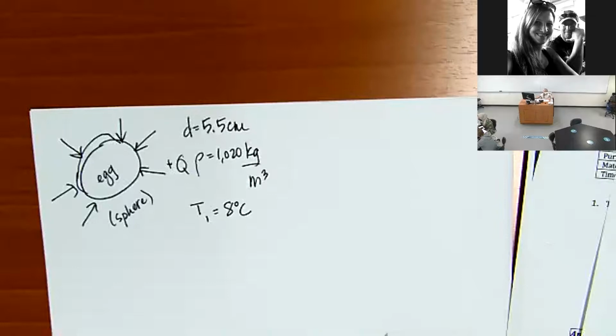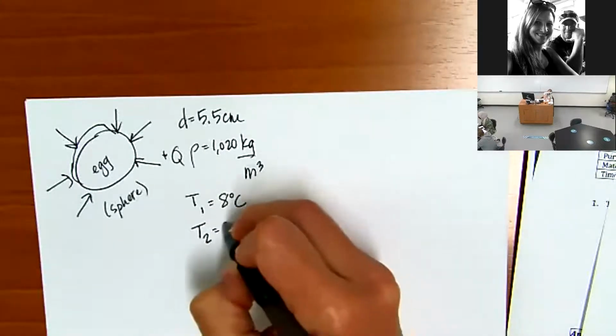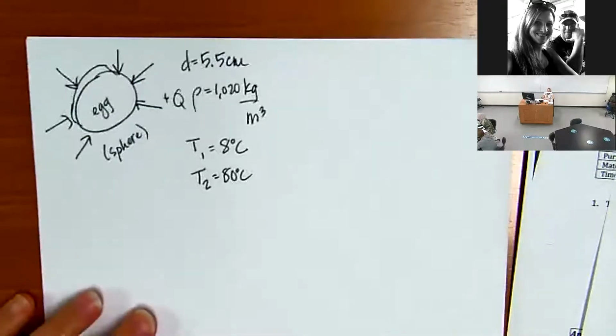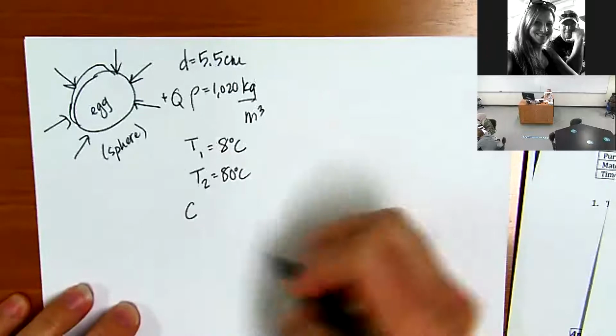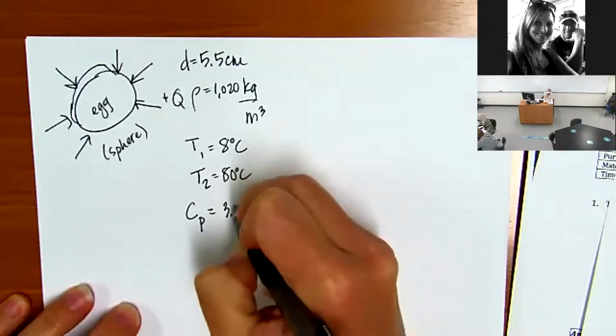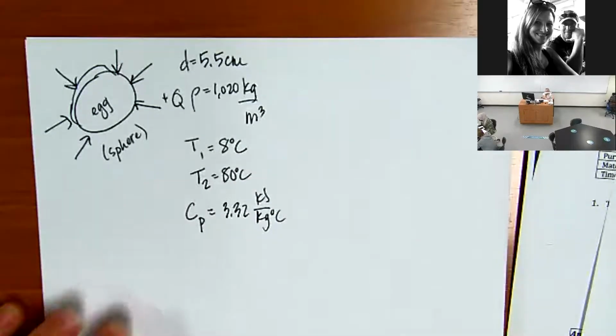And we know that the final temperature, T2, is 80 degrees Celsius. We know that our specific heat, C sub P, is equal to 3.32 kilojoules per kilogram degree Celsius.